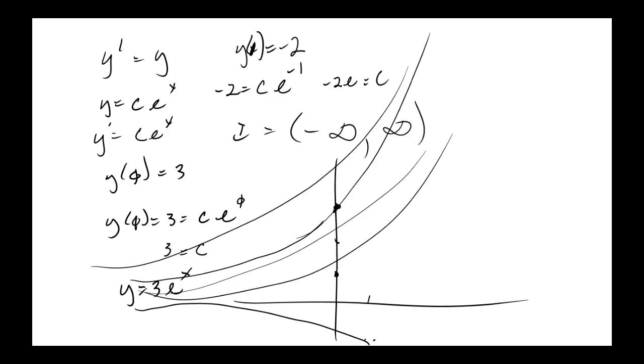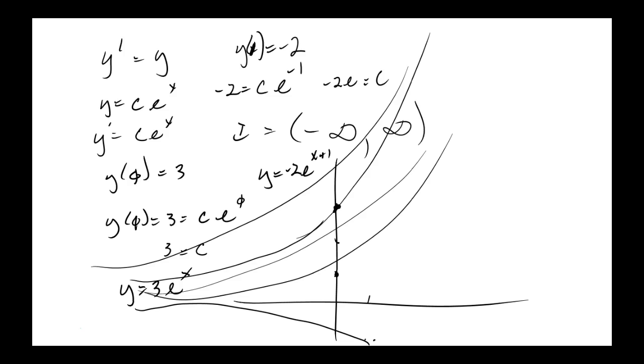Plugging that back into your solution, y is equal to minus 2e to the x plus 1, because you got one e from your constant and the other e from your variable. They didn't write that out for you, but it would be the case.